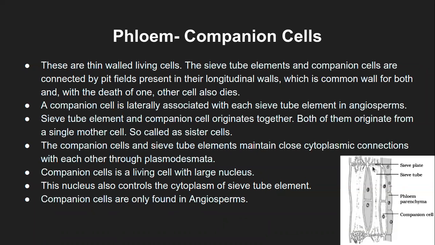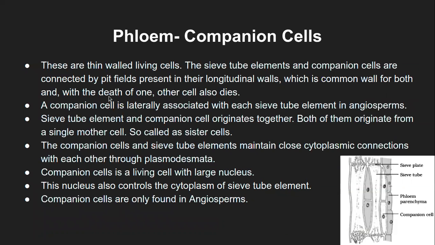This bigger one is the sieve tube, and next to it is your companion cell, which has pits on its longitudinal wall, that means on the vertical wall, which is common for both the sieve tube and the companion cell. So this wall is common for the long tubular sieve tube structure and the short tubular companion cell.